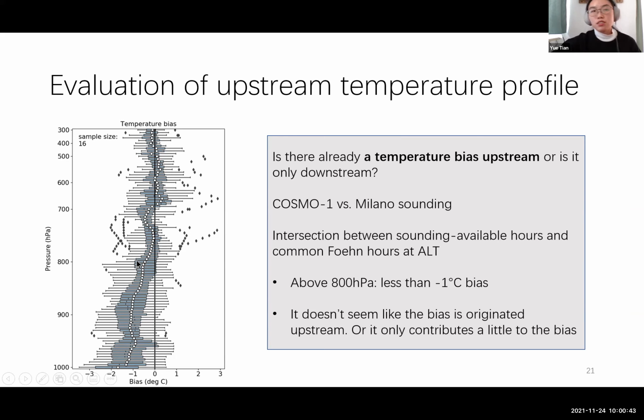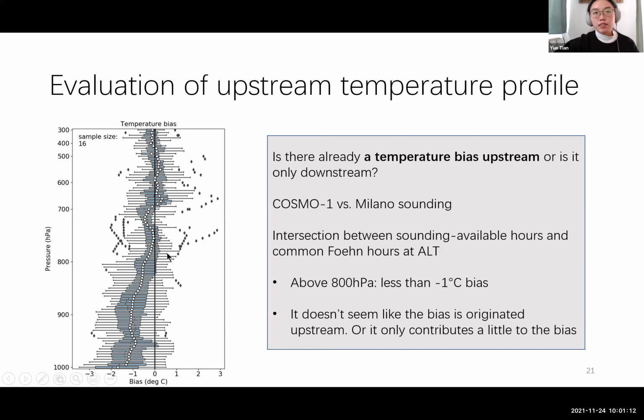And we need to make sure that we are looking at a higher level, like a level around the mountain crest, because you know that in most of the cases, the foehn comes from a higher level, from the upstream side. Therefore, the Alps is more than 2 kilometers in height. So we can look at, for example, over 800 hectopascal.